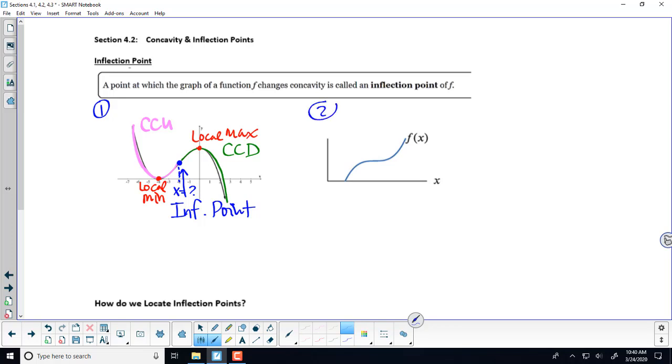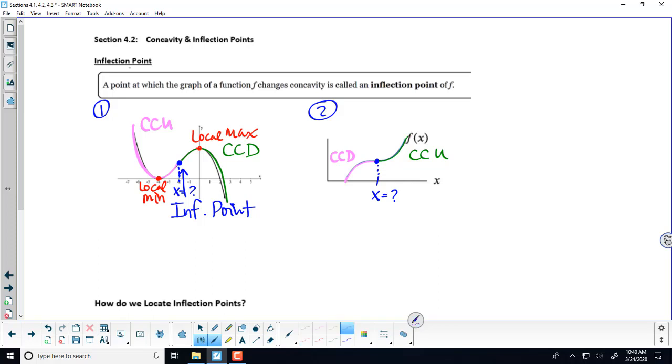Here in the second example, I can see my graph is changing. Here it's concave down, and here it is concave up. So we have this inflection point here, which we're interested in finding. But I don't have any max or min.